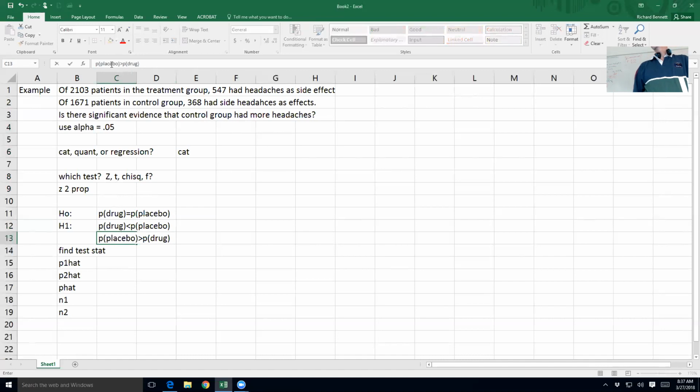Yeah, it would. In one case, it's a left-tailed test. The other case, it's a right-tailed test. It doesn't really matter, because it just depends on the order that you put them in. Either of those could be correct.